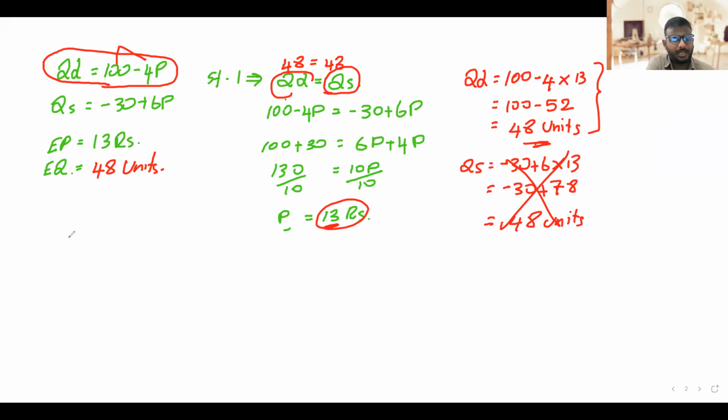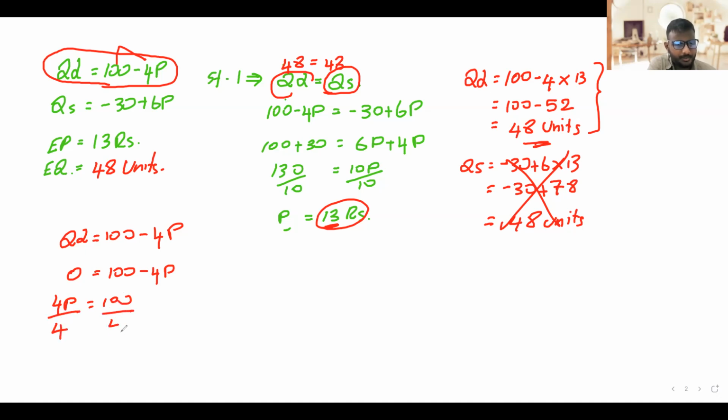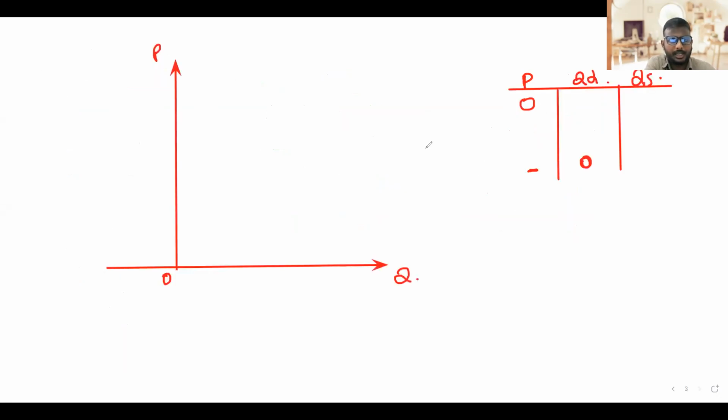Or else what you can do is you take the quantity demanded equation, make quantity demanded 0 and solve the equation for price. So it's going to be 4p equals 100, p equals 100 divided by 4, maximum demand price will be 25 rupees, right? So maximum demand price is 25. So you write that down here.